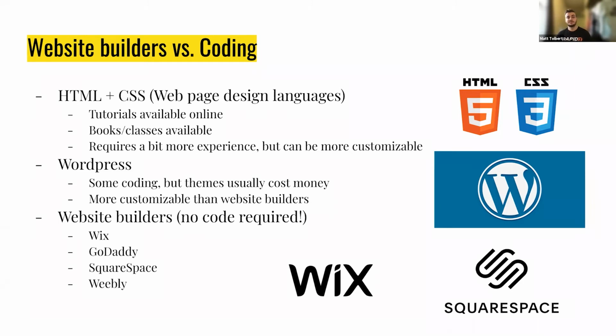However, it's more customizable than website builders, as you can get nearly an infinite amount of themes online. And then there are website builders, which are generally the easiest to use as there's no code required, as the website is completely hosted by the company that you use. Some of these include Wix, GoDaddy, Squarespace, and Weebly.